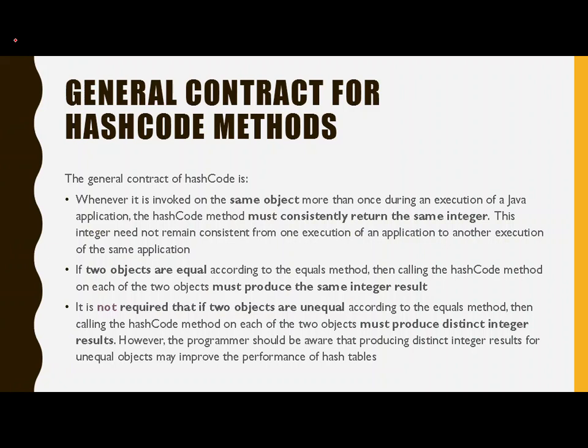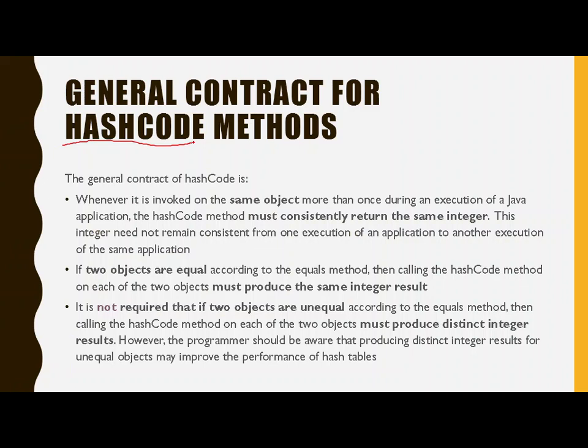The general idea here: if you have an object and you ask for a hash code, now don't confuse hash code with hash function. A hash code means you have to yield an integer, right? We need to get an integer out so that we can pass it to the hash function. So here we're talking about how an object yields its hash code.